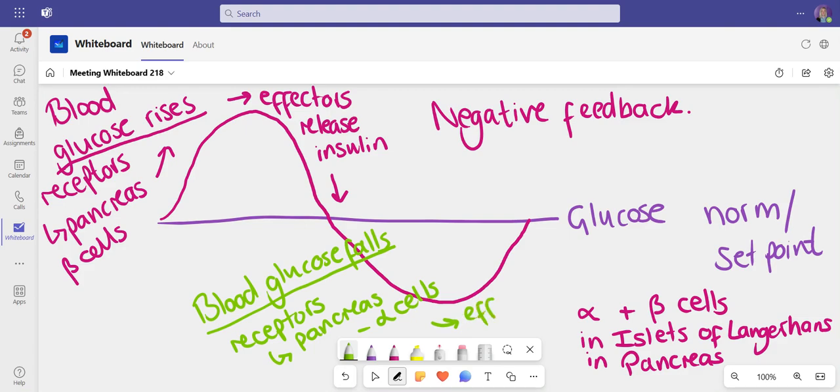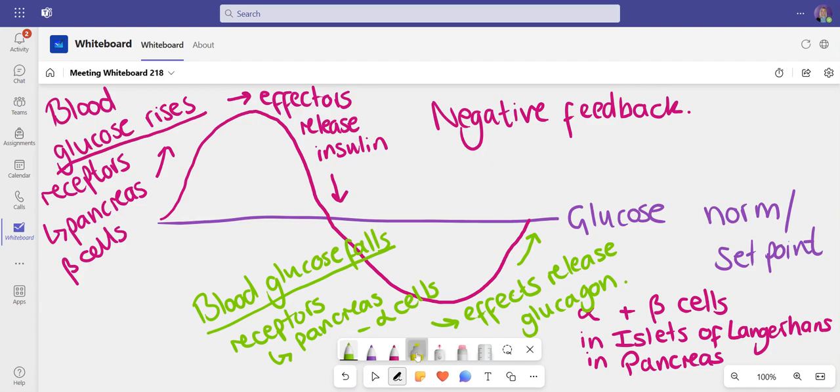And then the effectors in those alpha cells are going to release a different hormone. So if it's too high, it releases the hormone insulin. If it's too low, it releases a hormone called glucagon. Okay, and the hormone glucagon causes the blood glucose level to rise up again, back to the normal.